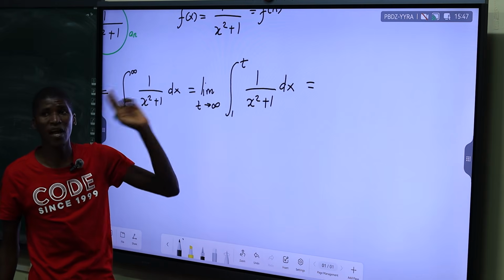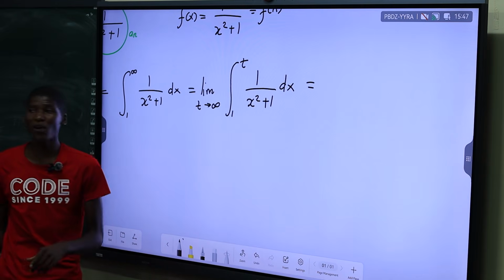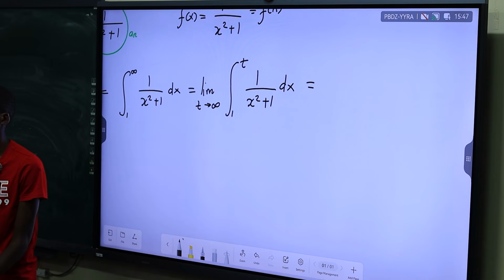1 over x squared plus 1, may I ask, how can you solve that integral? By substitution method.